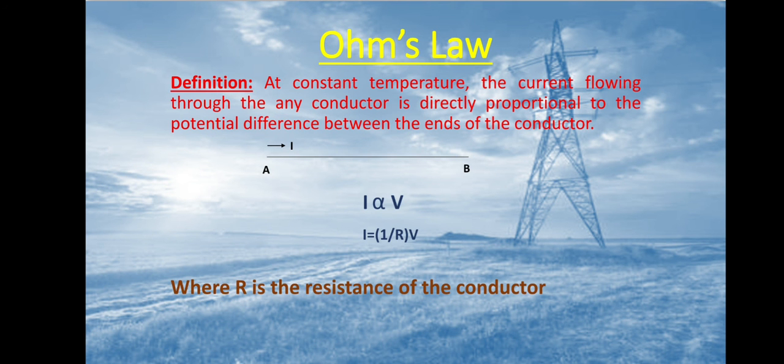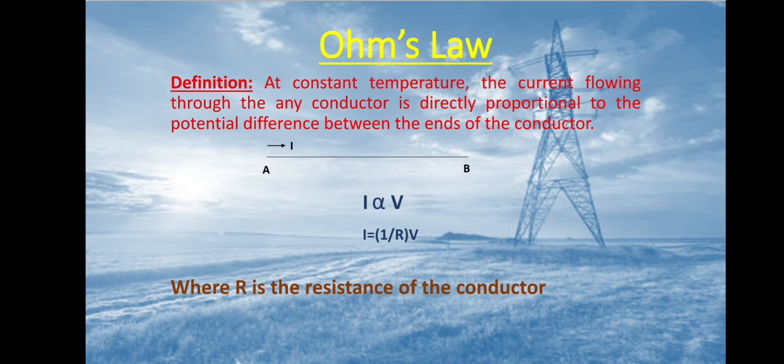If you plot the graph between current and this potential difference, it gives a straight line which is passing through the origin. That means it gives the linear characteristics at constant temperature.